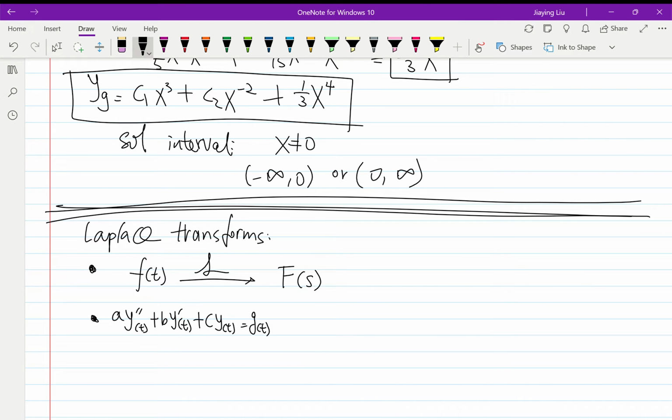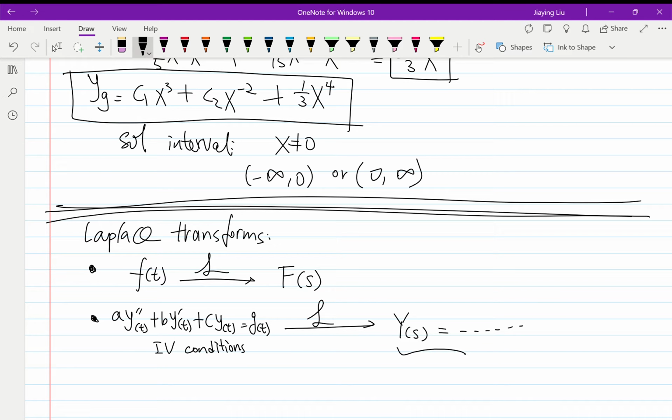But with the Laplace transform and the initial value conditions, instead of finding a solution directly from the differential equation, when we apply the Laplace transform, we end up with a different equation, capital Y of s equals some terms.